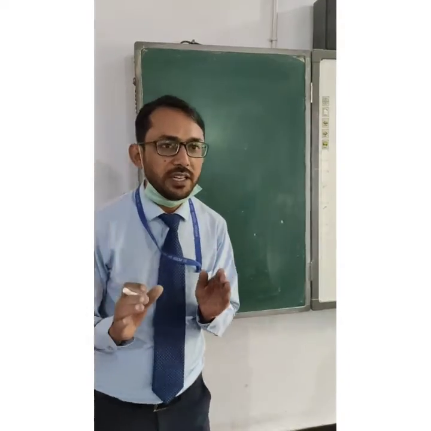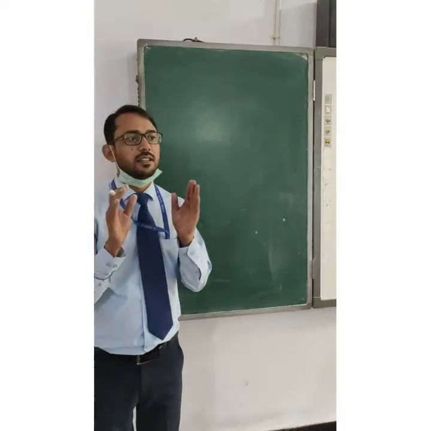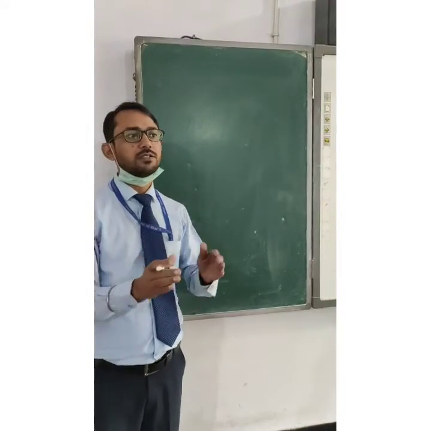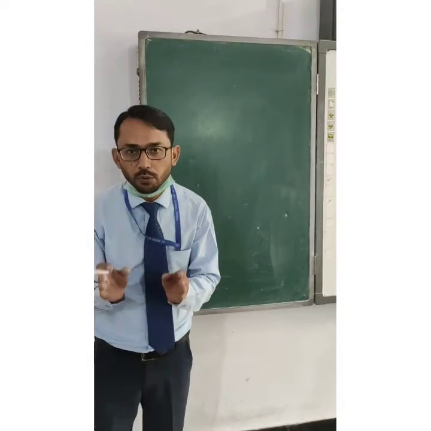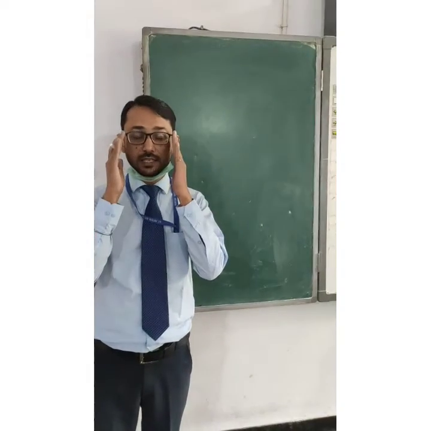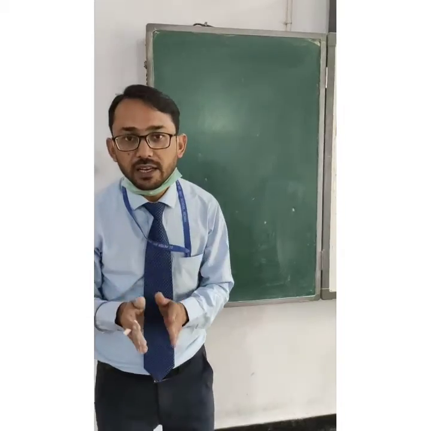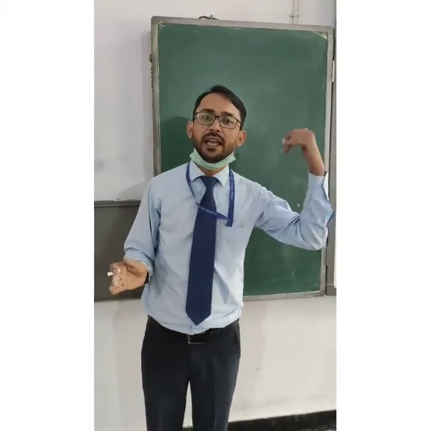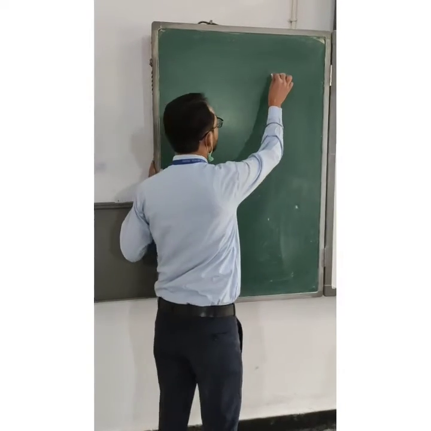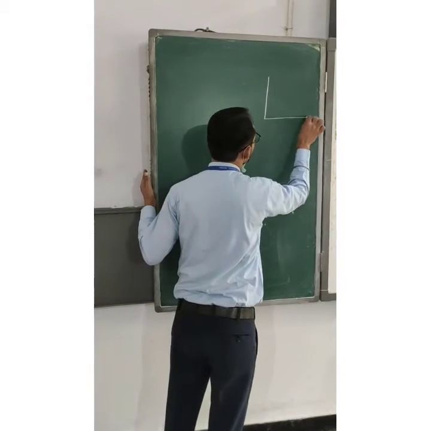Yes, we need to find the direction cosines of a vector which is equally inclined to all the three axes. Means the vector is equally inclined to x, y and z axis. So we are making the three axes.